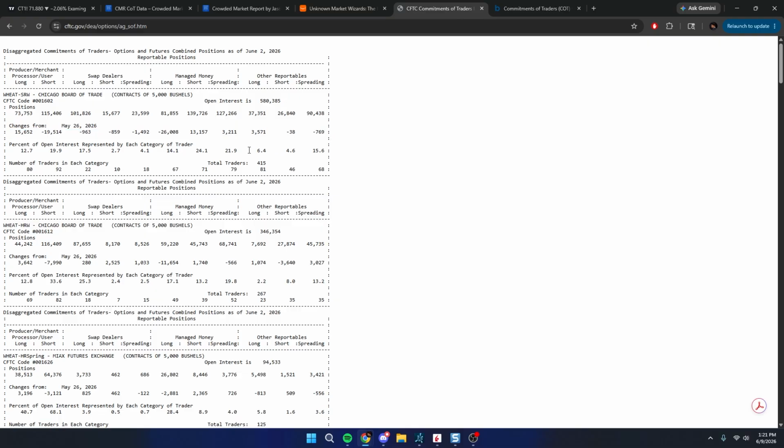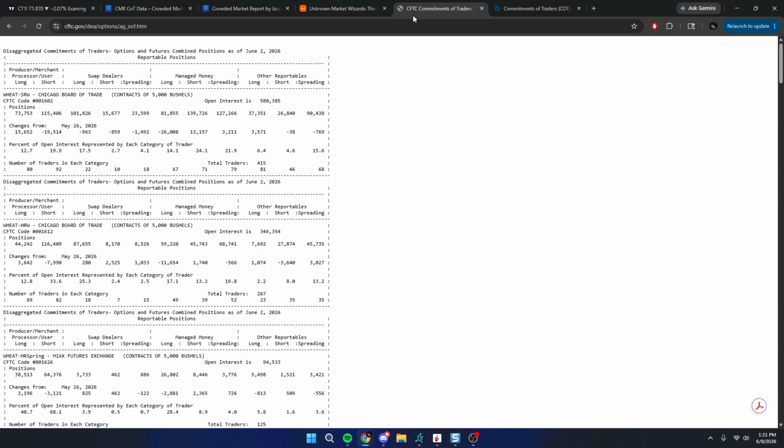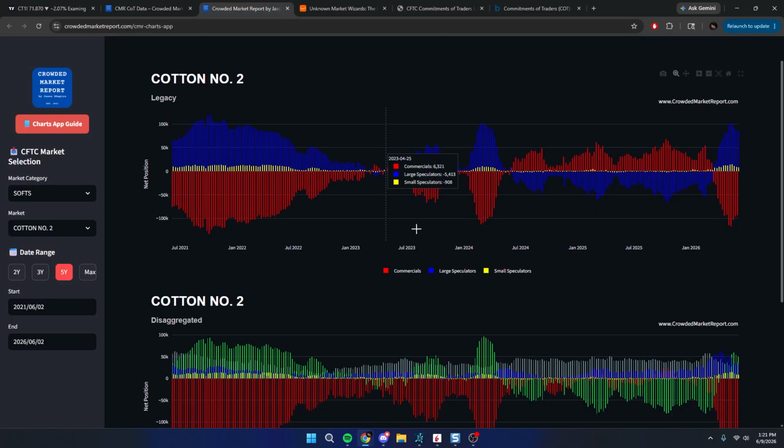So what does he do? Well, he takes the data here from the CFTC and he made it simple to look at. This is an example of cotton, right? You might see here commercials, large speculators, small speculators. Where it says dealers, this is commercials.